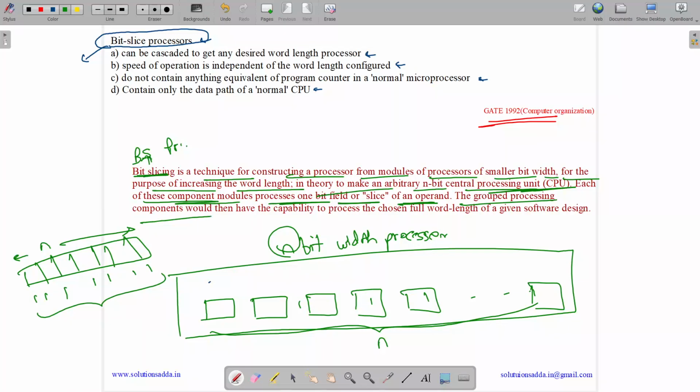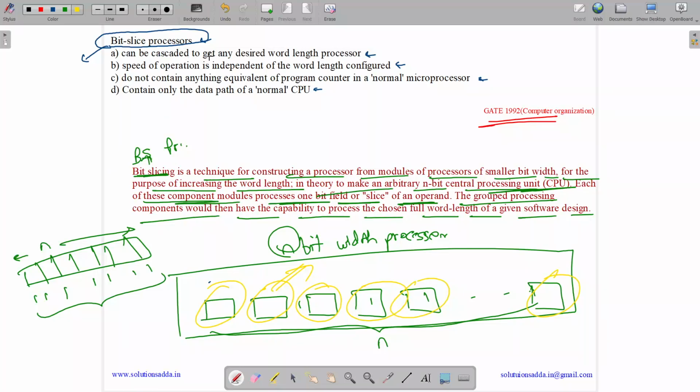The grouped processing components would then have the capability to process the chosen word length of a given software design. So it's nothing but combining the smaller word length processors to process a larger word length.